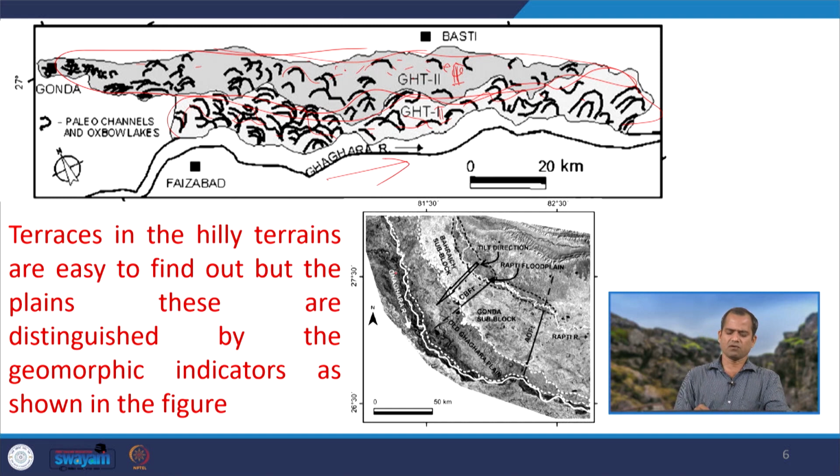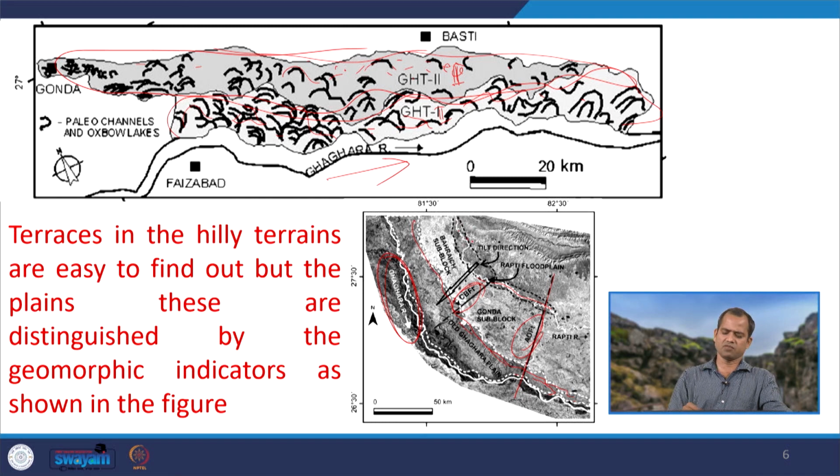So, another example with this same river, that is Ghagra, and another river here, Rapti. This is one fault, the Ayodhya Dinkarpur fault, and this is the Kalyanganj Balrampur fault. Now you see this abandoned floodplain of the Ghagra river, gradually its width is decreasing and finally ends here.